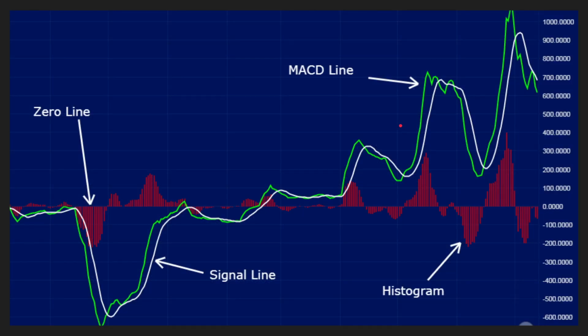Here's an example of a MACD. So here is our zero line, pretty much in the middle of this histogram. As you can see, this is our zero line over here. In this instance, our MACD line is in this bright green, and the signal line is white. Histogram is in red. So what we're looking for is, where is the MACD line crossing above the zero line?